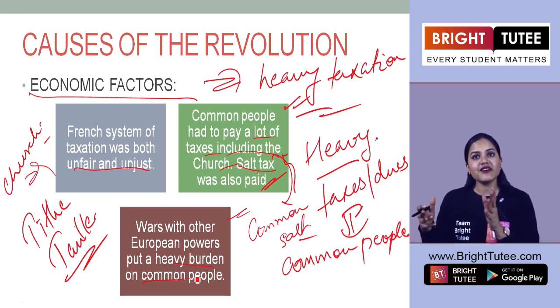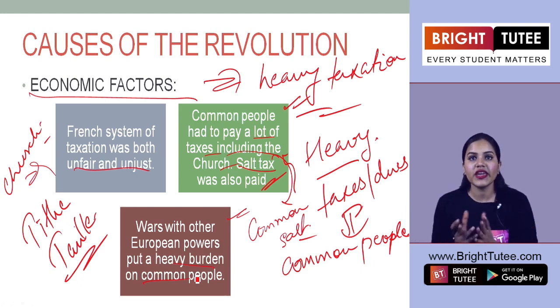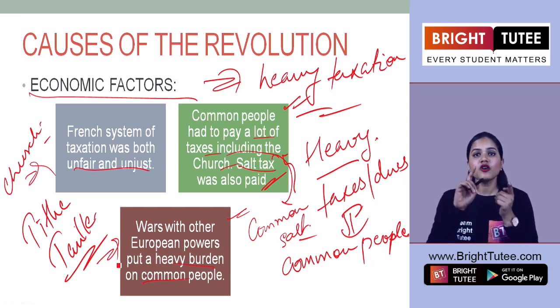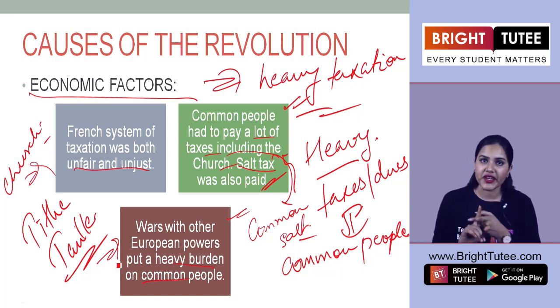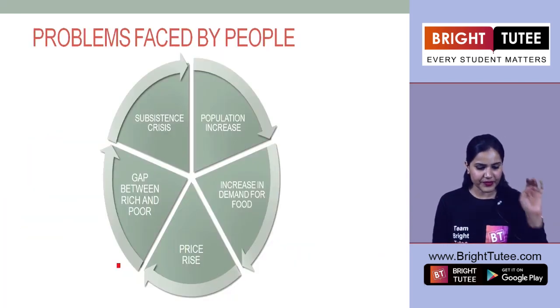Now, they do not have their own money, right? So what are they going to do? How are they going to extract money from their own territory? They are going to put heavy taxes on the common people, right? So this is how, due to these wars, common people were also affected. You have to remember this point.